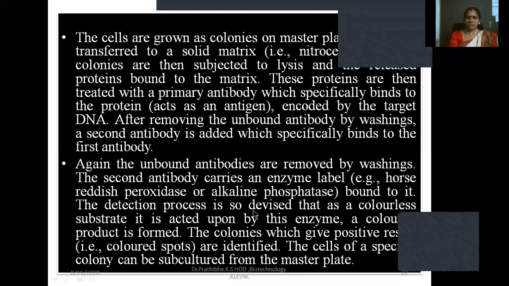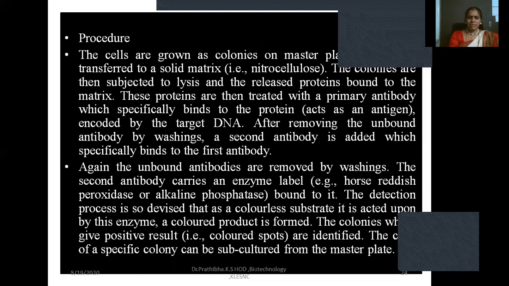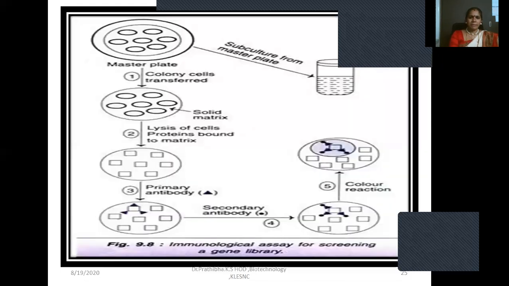The detection process is so devised that a colorless substrate is acted upon by this enzyme, and a colored product is formed. The colonies which give a positive result, that is colored spots, are identified. Wherever colonies have the colored spot, those colonies will be selected. The cells of a specific colony can be subcultured from the master plate.